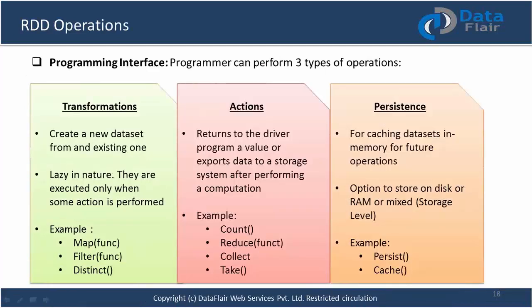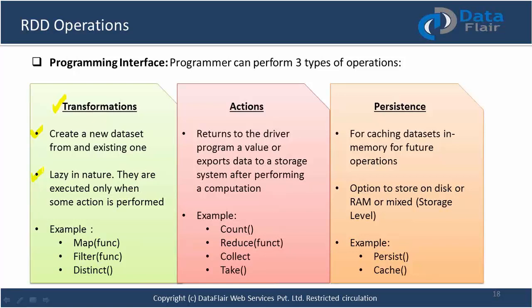So guys, what are the different RDD operations? Programmers can perform three types of operations. Very first, transformations. Create a new data set from the existing one. Transform the existing data set into a newer format based on requirements. Transformations are lazy in nature. Guys, this is a little important point.